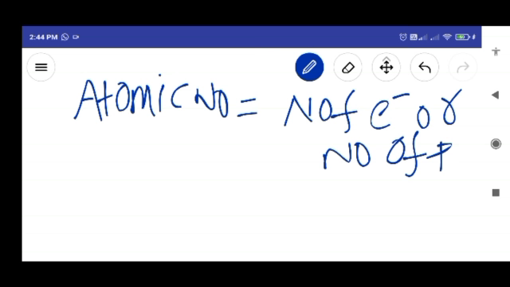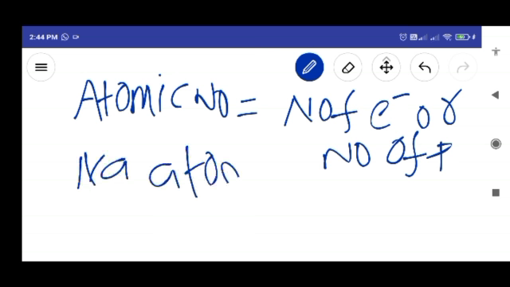In the examination, they may ask, draw the structure of a sodium atom. We should know the atomic number of sodium. It may be given that the atomic number of sodium is 11.